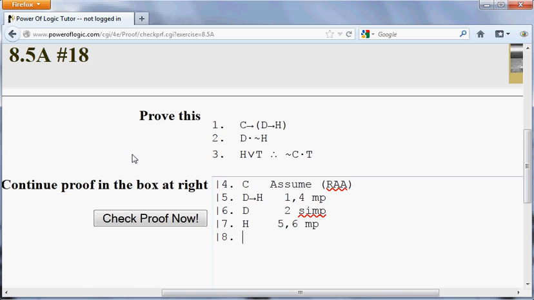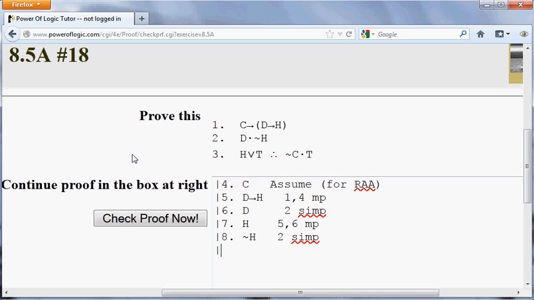Again, having made an assumption for RAA, I want to get a contradiction, so it's important to keep in mind you want to derive a contradiction. If I look up at premise 2 again, I could simplify not H right from there. That's a 2 simp, and that's going to be my contradiction.